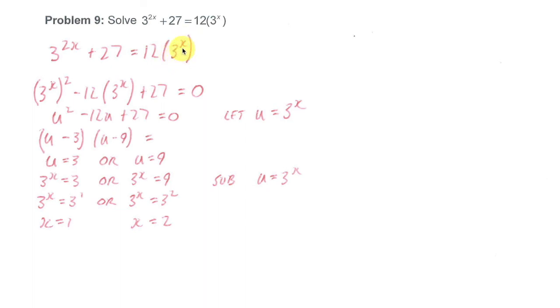Obviously, I need to be able to manipulate some other term in here so that it looks similar to this, and that's going to involve that 3 to the 2x, and that will produce a quadratic for us. So a bit of practice on that one, and it won't be as daunting as you can see just here.